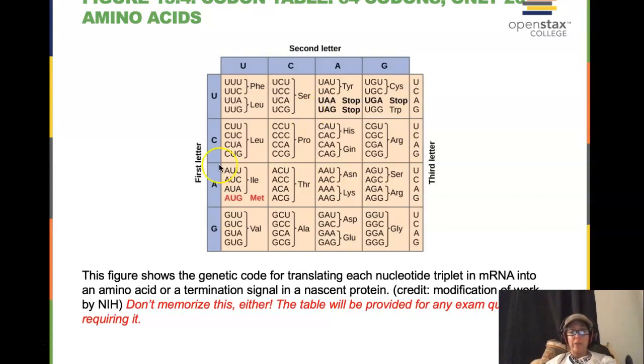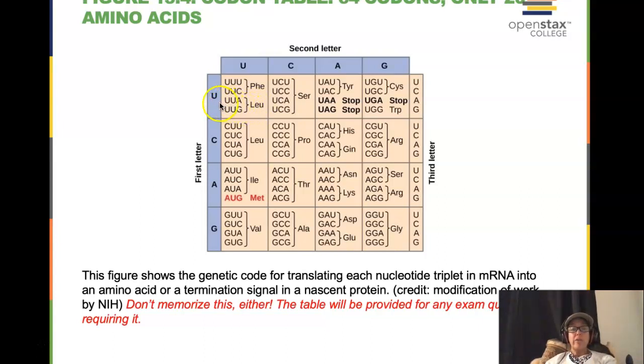There's only one that's going to give us methionine, but when we look at this LEU, I will give you a codon chart that actually has the whole name spelled out, but this stands for leucine.